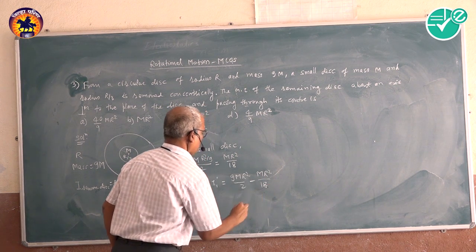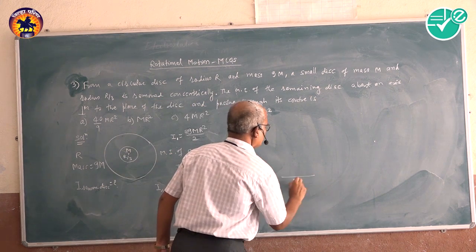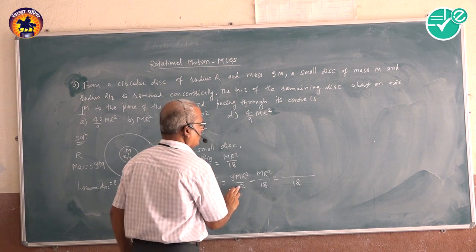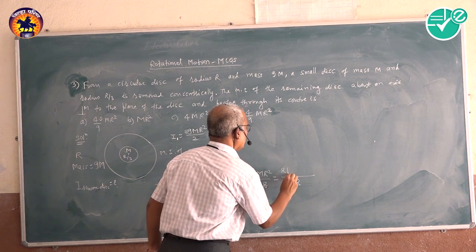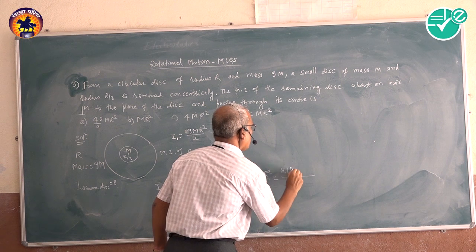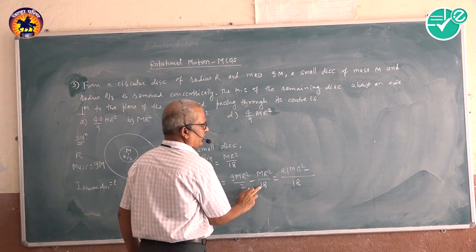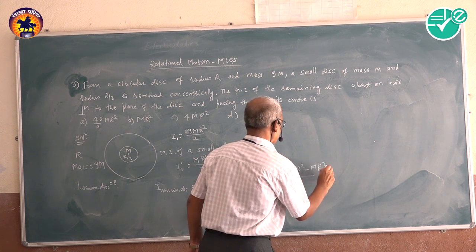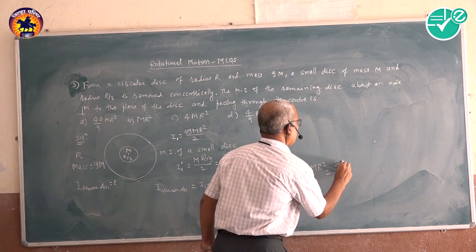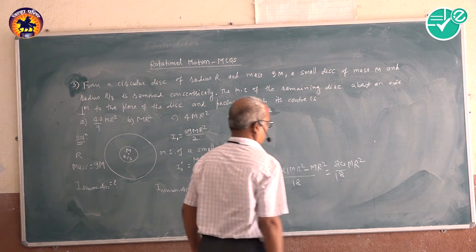Now if we do the calculation, take the LCM 18: 2 divided by this 9, that is 81 mr square minus mr square, so 81 minus 1 gives 80 divided by 18 mr square.